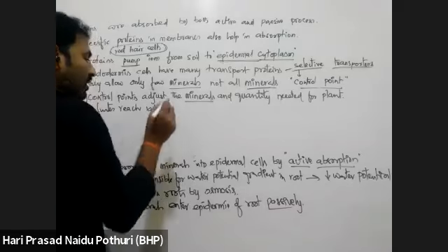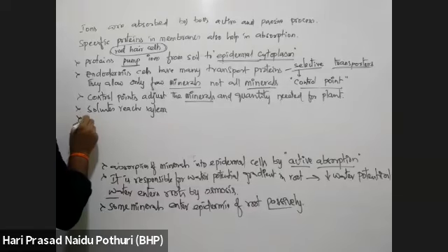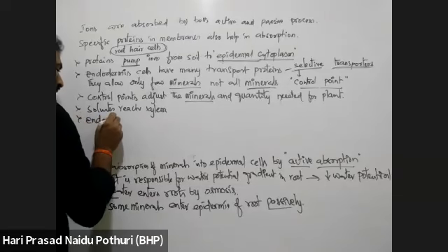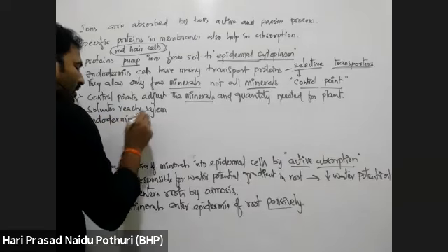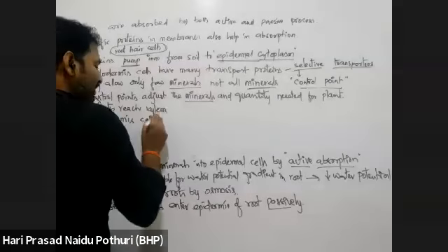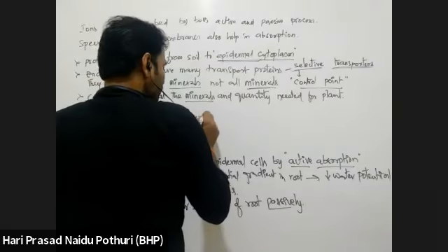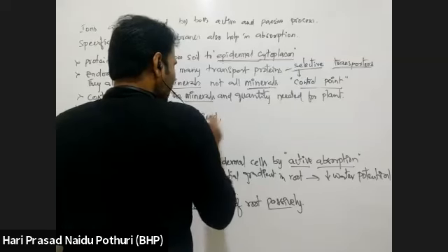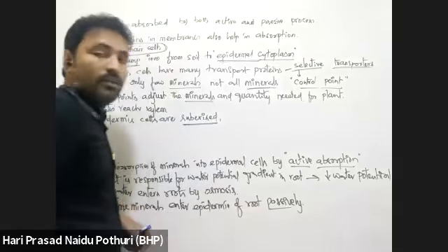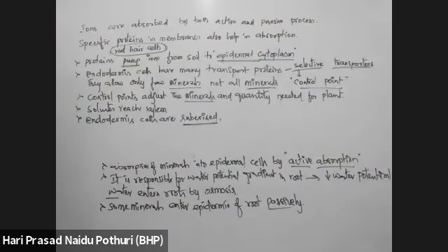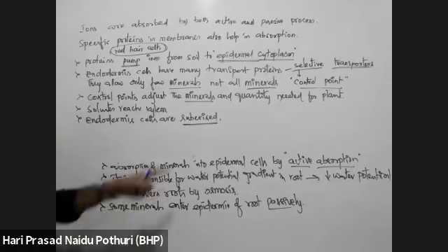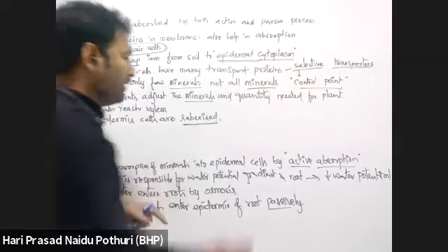Endodermis cells are suberized. Suberized means a suberin layer is present in the cell wall. The endodermis cell wall contains a suberin layer.